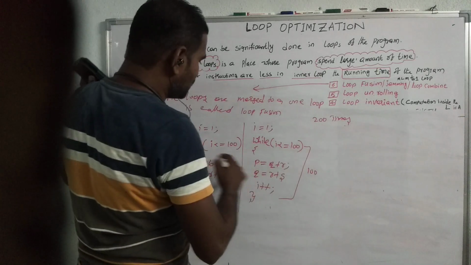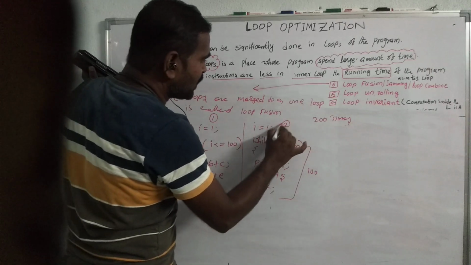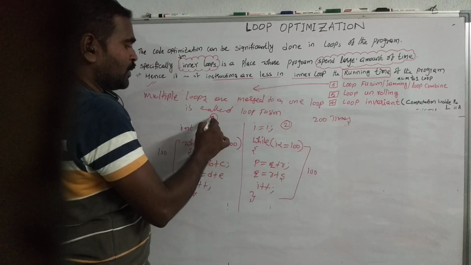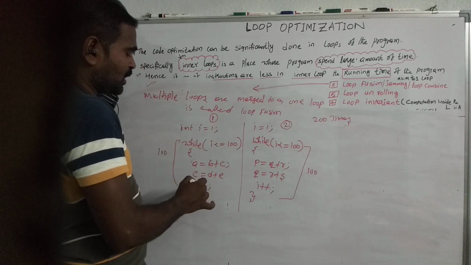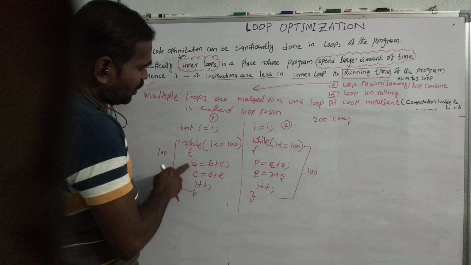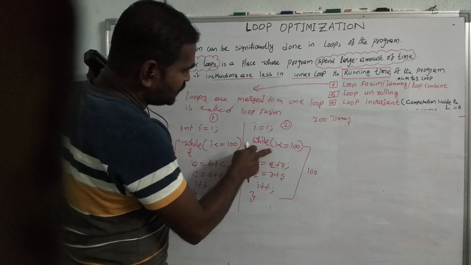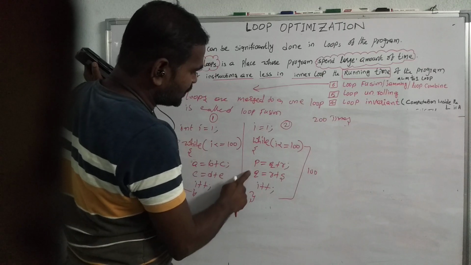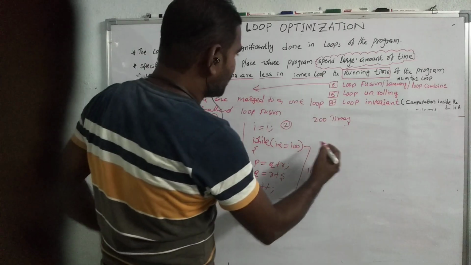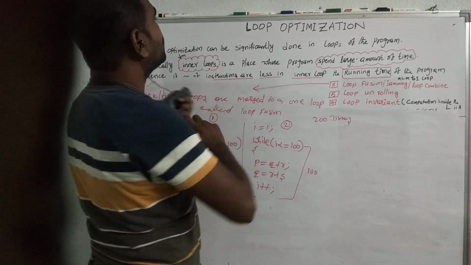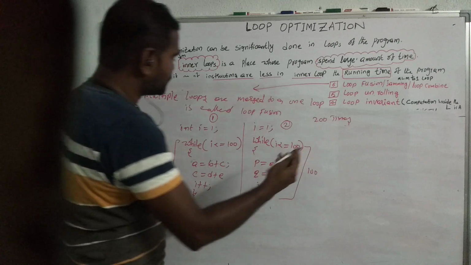Please observe here, this is called loop 1 and this is called loop 2. This set of statements evaluates these expressions, and this loop is meant for evaluating those expressions. I want to merge these two loops.